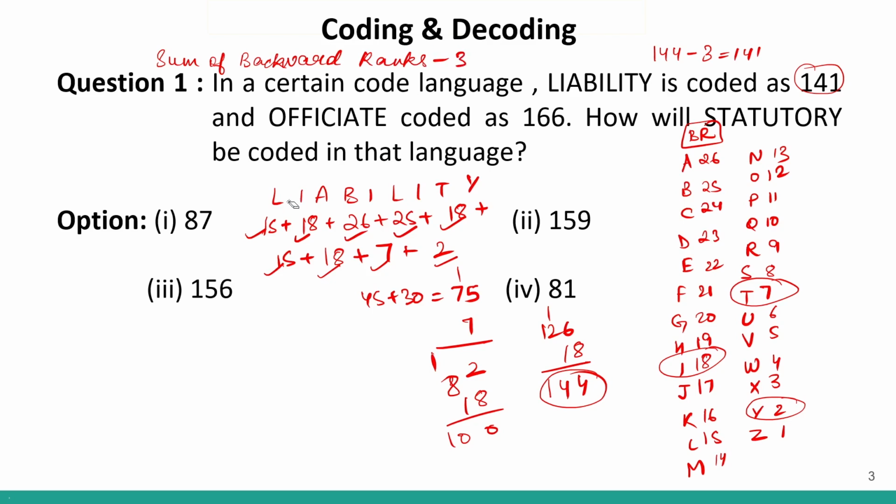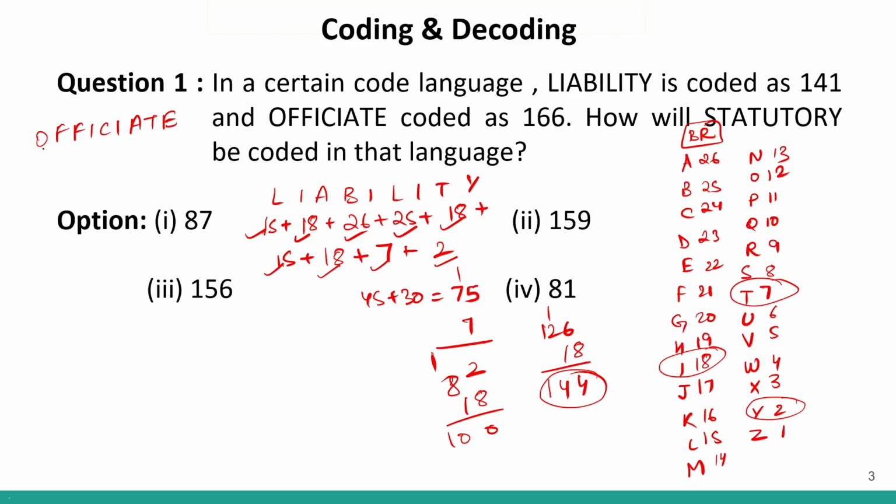Let us check for officiate as well. For officiate, O is basically how much? O is 12. F is 21, plus 21, plus I is how much? 18.